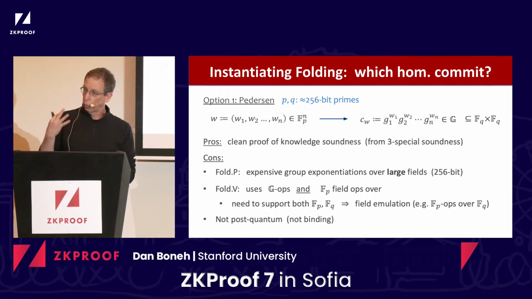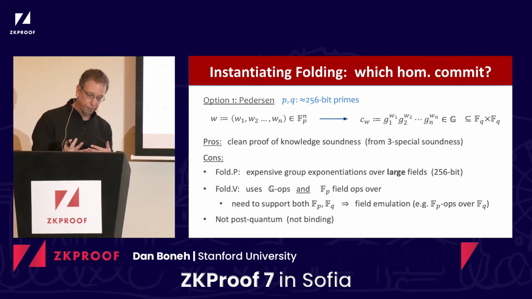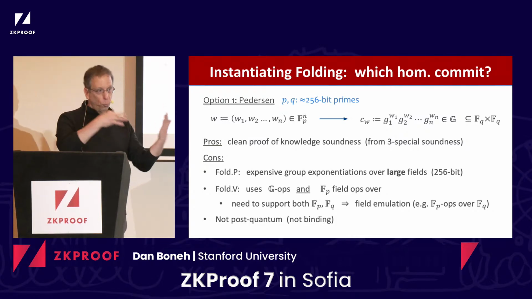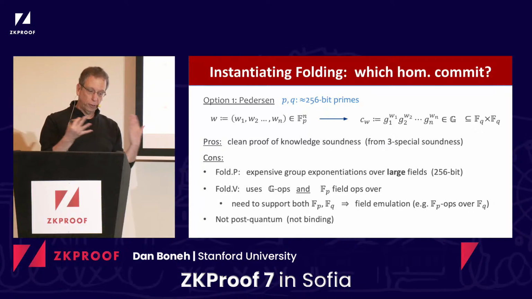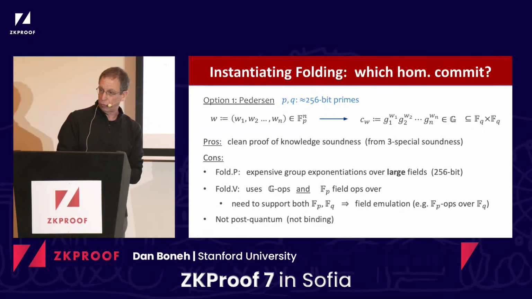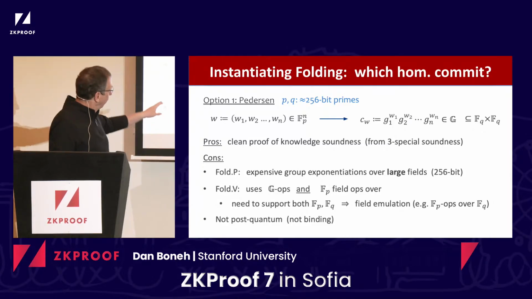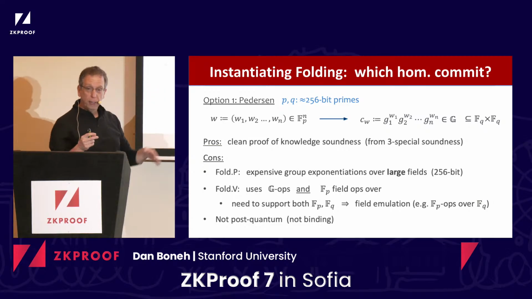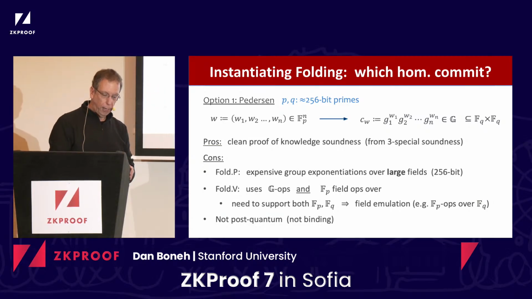Since SNARK circuits only support one field, either FP or FQ, whichever one you choose, you're going to have to do some field emulation inside of your circuit. That basically means the folding verifier is not as efficient as it could be because it's doing some non-native arithmetic as part of verification. And of course, it's not post-quantum secure, which means that the system is not going to be binding as a result.